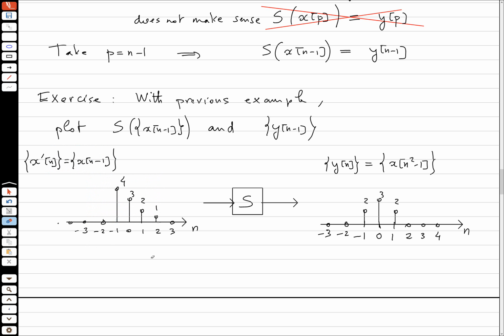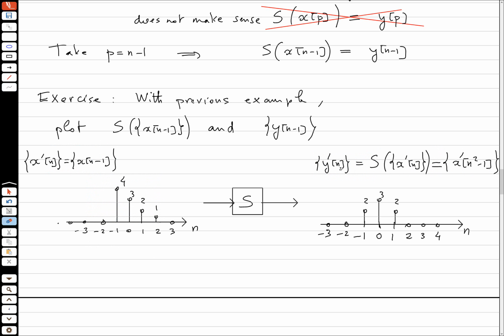So what will you get as output? y prime equals S of x prime of n, right? So can we do that fast? So this is y prime is S of x prime n, and it is equal to this. Okay? So can we do that again? That's it, we can go fast now, okay?